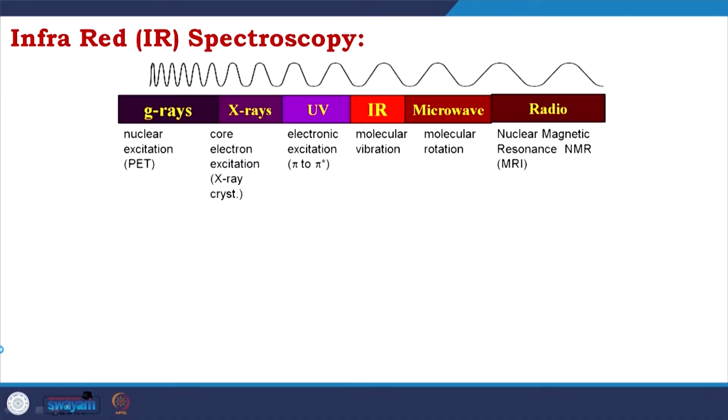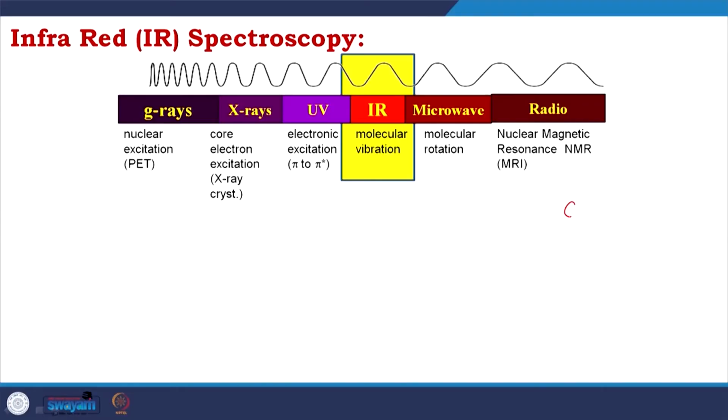As you know, in the electromagnetic spectrum, infrared is in between UV and microwave. Infrared is generally influenced by vibration. When I say vibration, I mean bending and stretching. So, let us think, you have molecule or atom A and B connected through a bond.